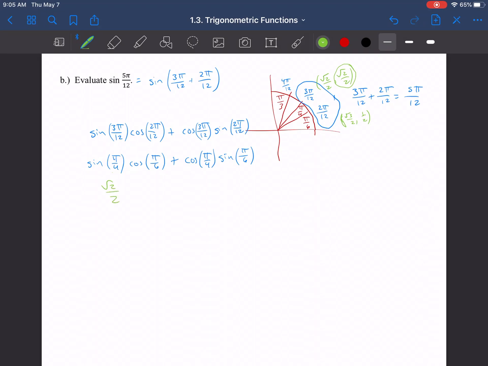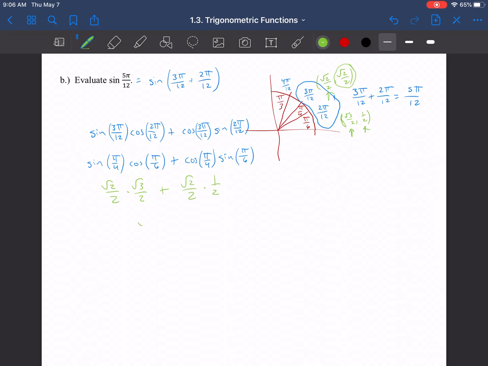The cosine of pi over 6 is square root of 3 over 2. And then cosine of pi over 4 is this square root of 2 over 2 right there. And sine of pi over 6 is this 1/2, so times 1/2. Then I can start multiplying all this together.